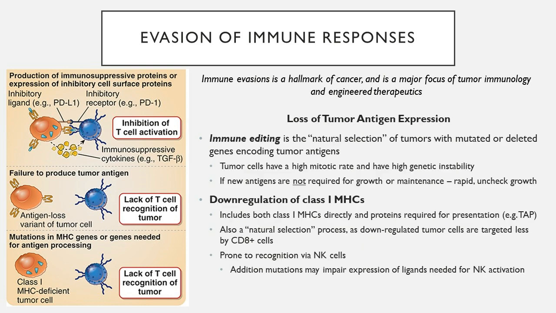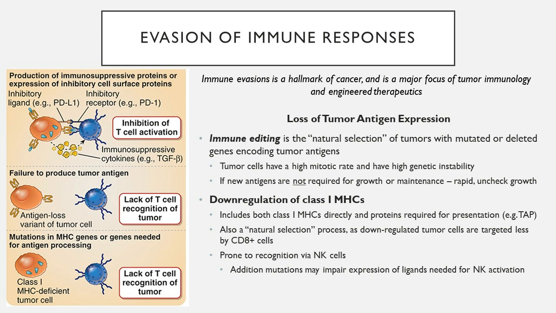A second, less direct way of evading, but also very effective, is the loss of the expression of the particular tumor antigens that are being targeted by CD8 plus cells. This happens through a process which is described as immunoediting. I like to describe it as a natural selection because these cells are highly immunogenic. They have high genetic instability.